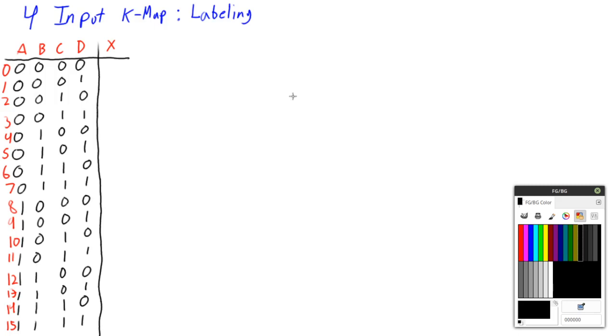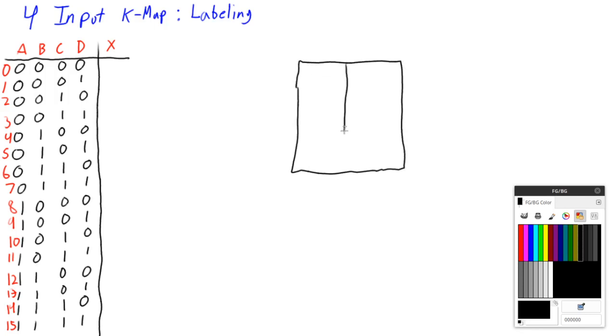So if this is a 4 input, we're going to have a 4x4 grid here. Make sure I draw this nicely. I'm going to cut this into 4 columns and 4 rows.